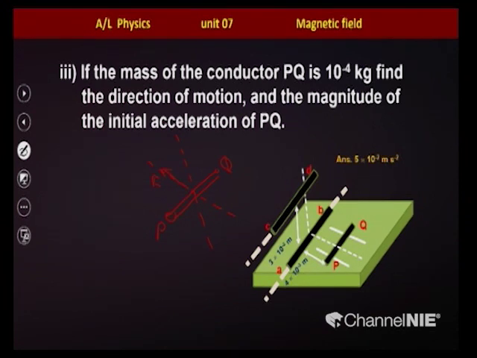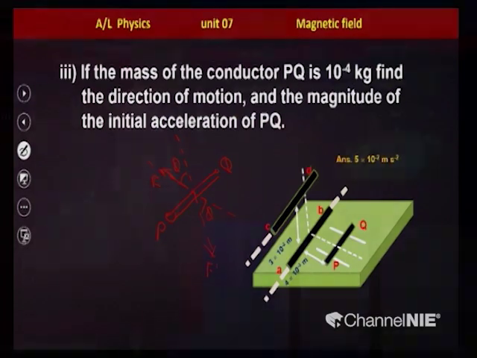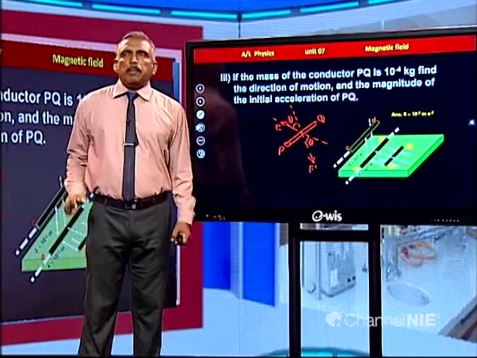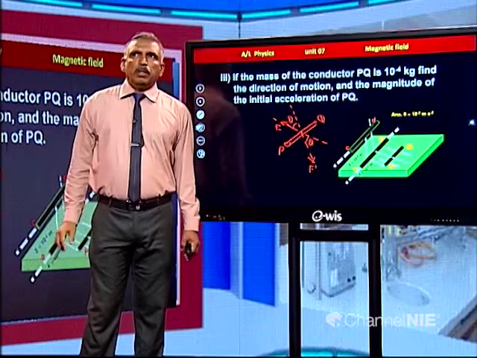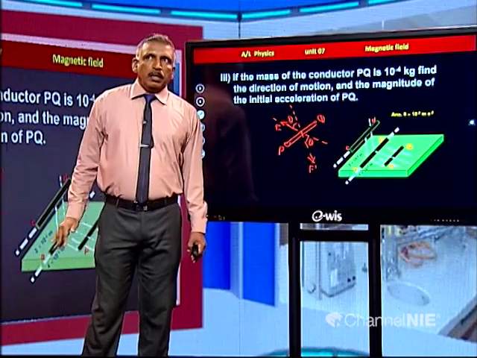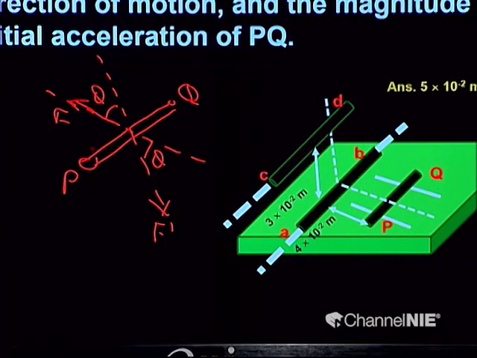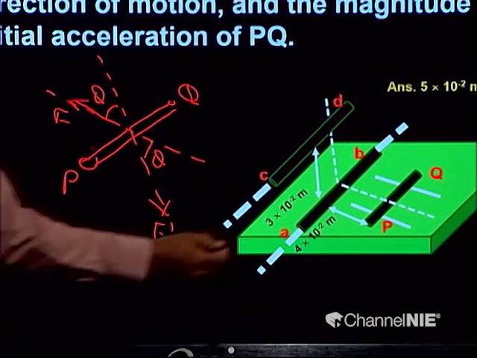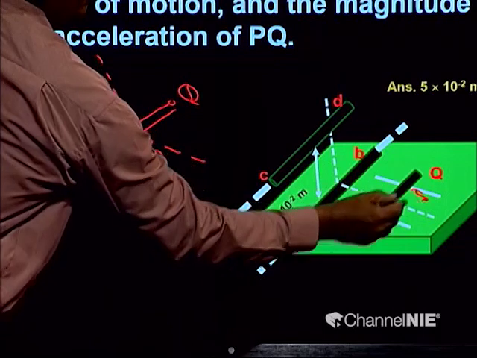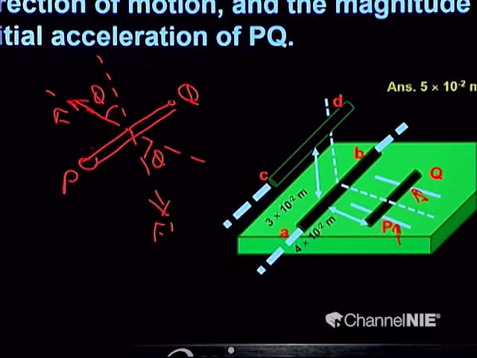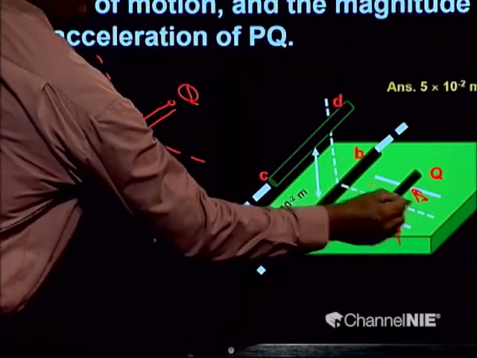Now, the other force is F dash. That makes an angle theta with the horizontal. So, these two forces are acting on PQ. The conductor PQ is free to move on rails. These are two rails, and the conductor is free to move on these rails.